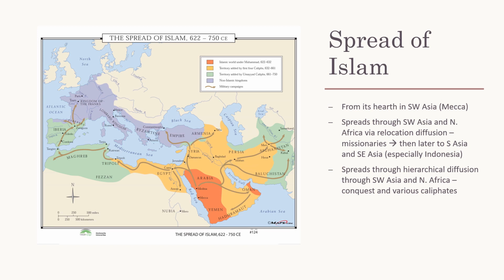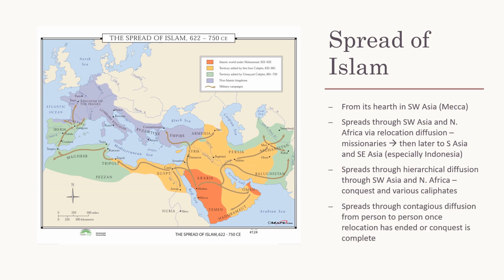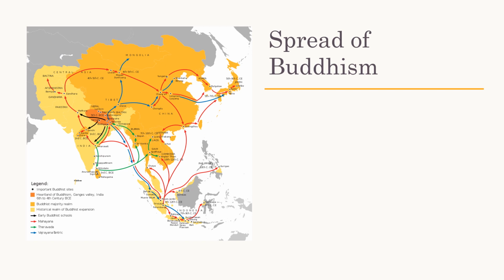So you can see the non-Islamic kingdoms here in Europe. And then you also have contagious diffusion through trade routes going especially into places like Southeast Asia and Indonesia. The spread of Buddhism, much less so in terms of conquest like the other two.